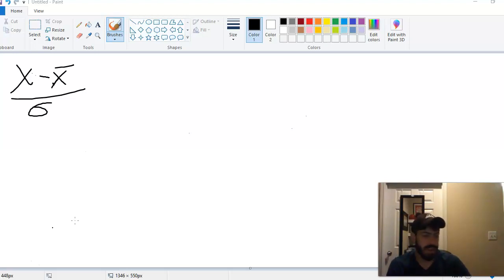We know that a z-score gives us a measurement of how many standard deviations any particular data point is from the population mean.